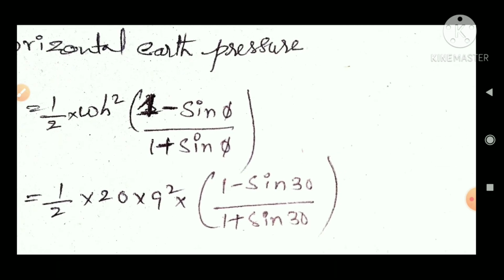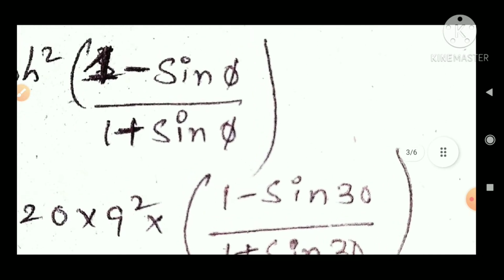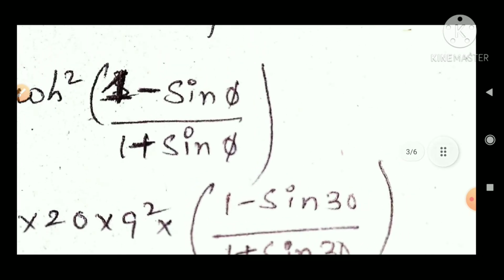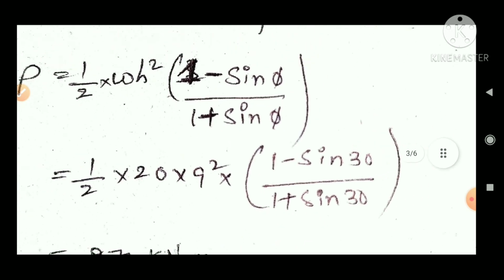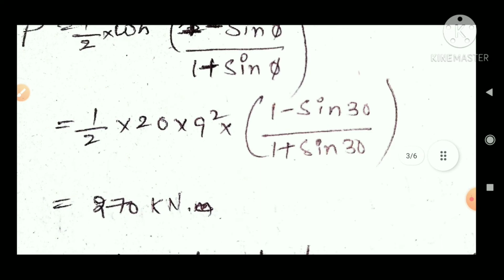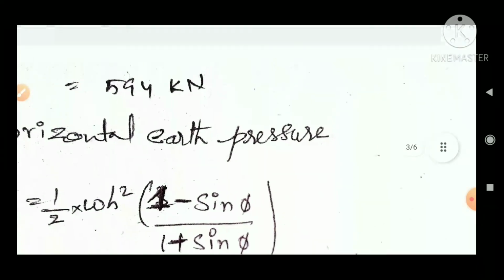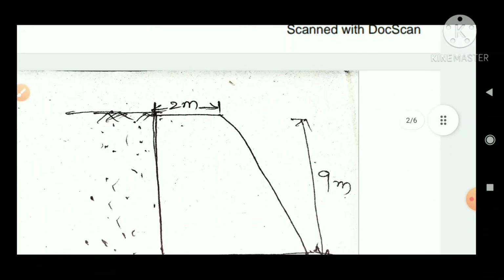We can say this is the deflect angle, but you can also say this is an angle, 1 minus sin theta by 1 plus sin theta. Okay, and put all the values in the formula. Small h and capital H are the same here.